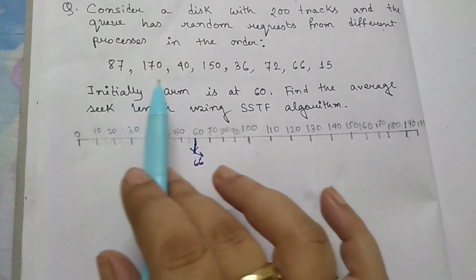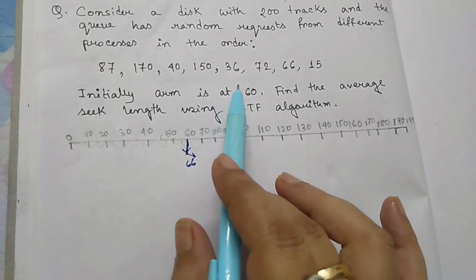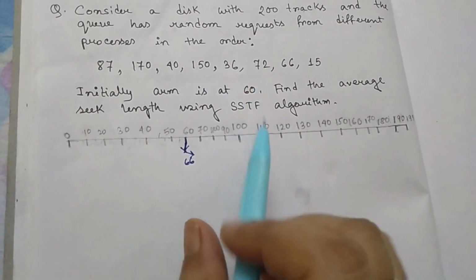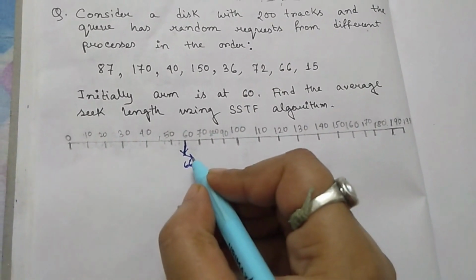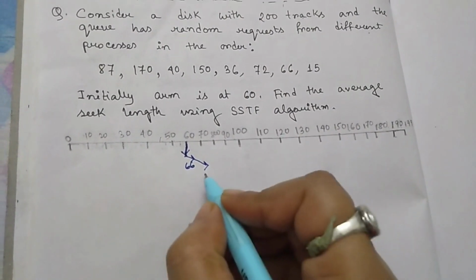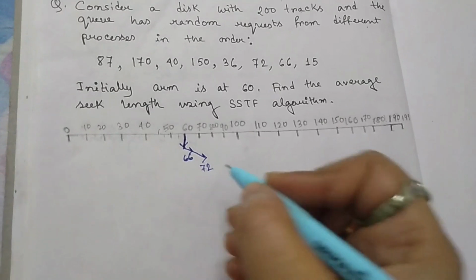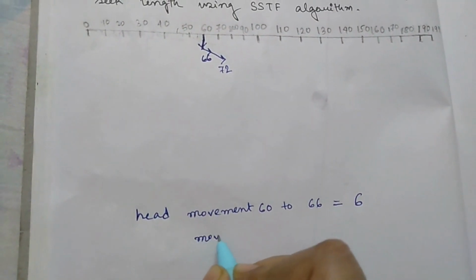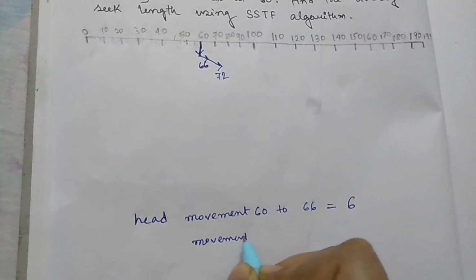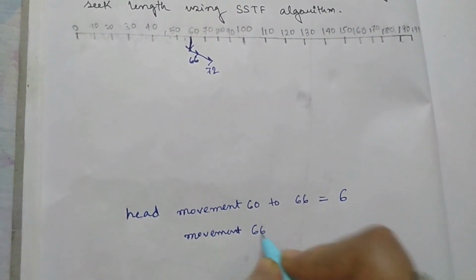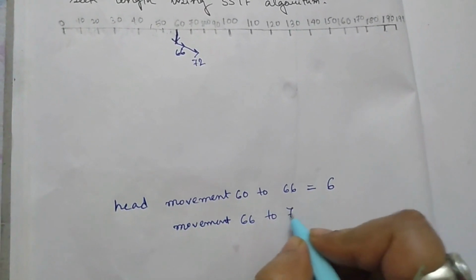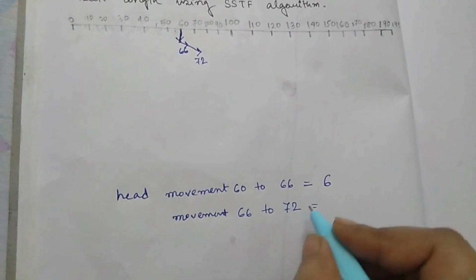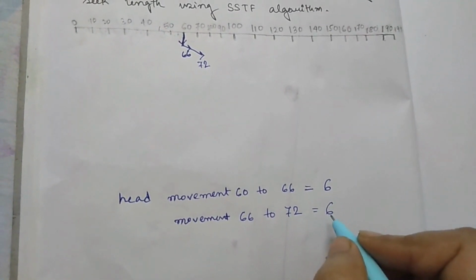Now in this request queue, we find that the next nearest job of 66 is 72, right? That's why we move to the next nearest job, that is 72. Again we calculate the head movement from 66 to 72. So 72 minus 66, the gap is again 6, right?